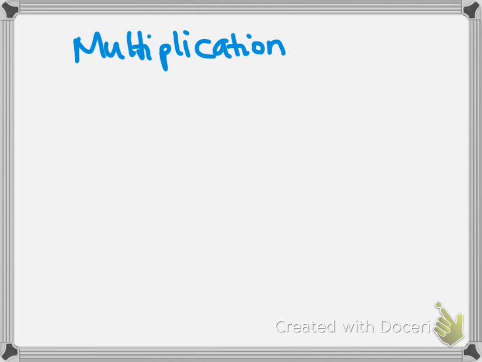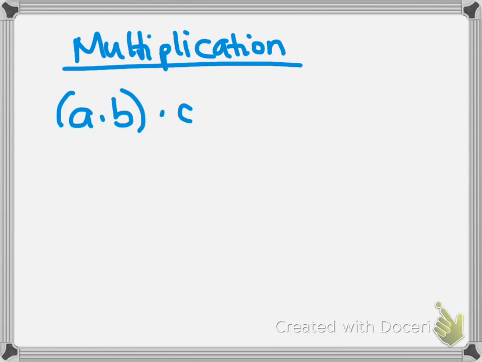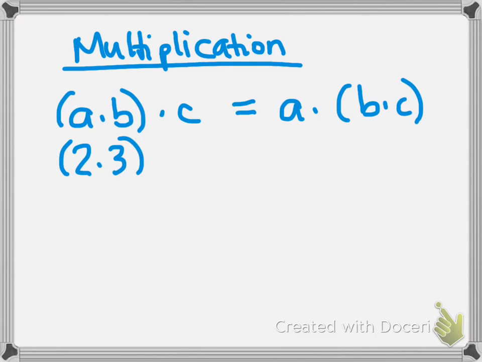Okay, it also works for multiplication. If you have group A times B times C, is that the same as A times group B times C? So let's try that with numbers. 2 times 3 times 5, is that the same as 2 times 3 times 5?